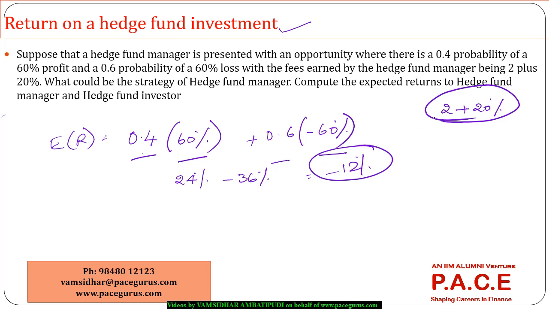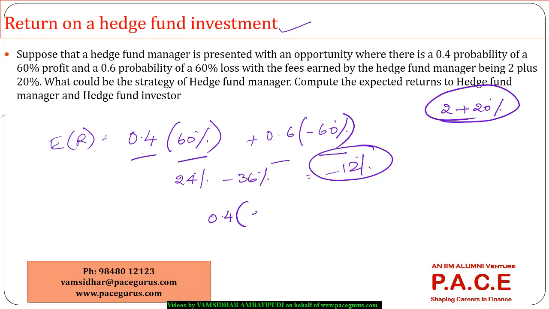Right? So now there is a 2%, that is a typical charge. Let's leave that 2%. But if you look at the overall picture, which includes the performance fee, there is a 40% chance that the fund will generate a 60% profit.